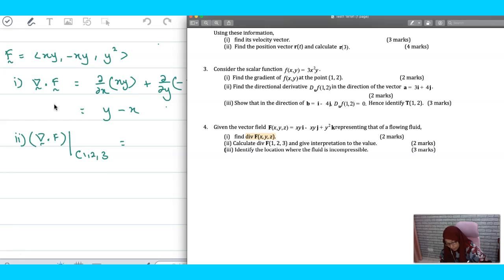So y minus x, so y is 2 minus 1, so the answer is 1, which is positive. So if we look at the notes, let me check where is my notes.